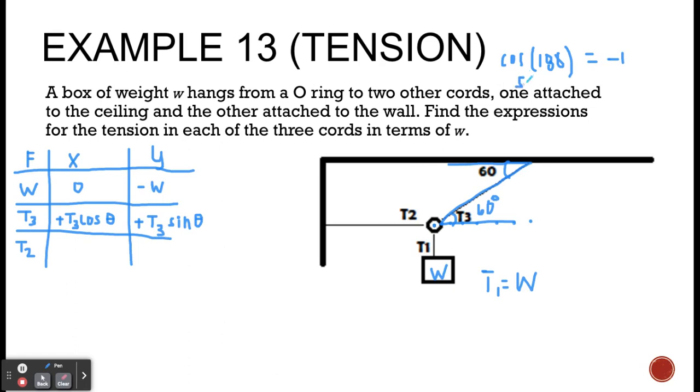So that tells us that there is no y component to the vector at all. There's only an x component. That force is completely horizontal, it's just in the negative direction. So the x component of T2 is all of T2. The entire magnitude of that vector is in the x direction. It is negative. There is no y component.